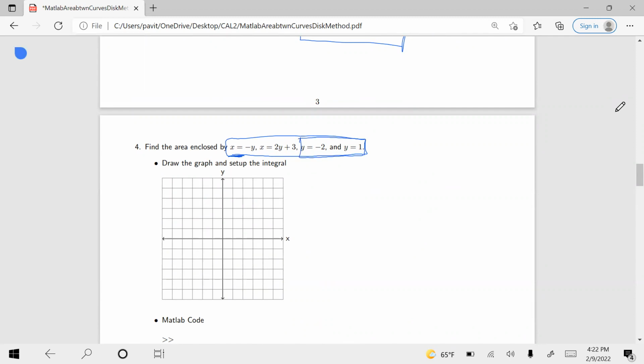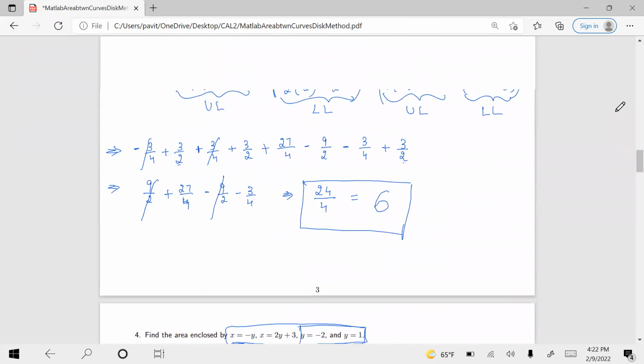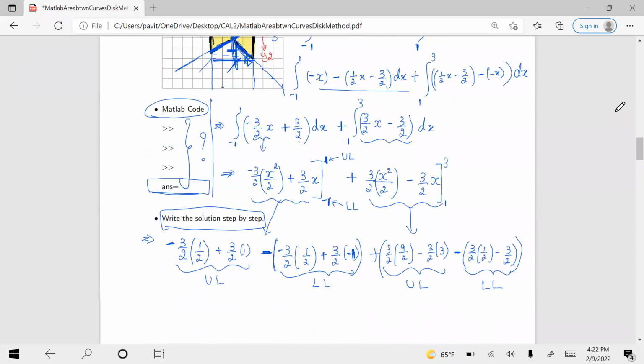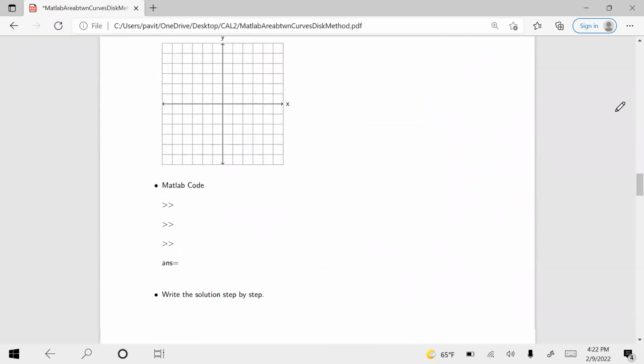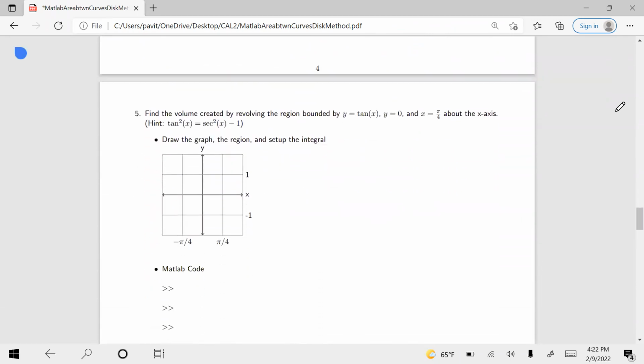That's the only difference, but the procedure is going to be the same. Even the formula is going to be the same. Now let me go to problem 5, because problem 5 is finding the volume, and when it comes to finding the volume, the formula is going to be different.